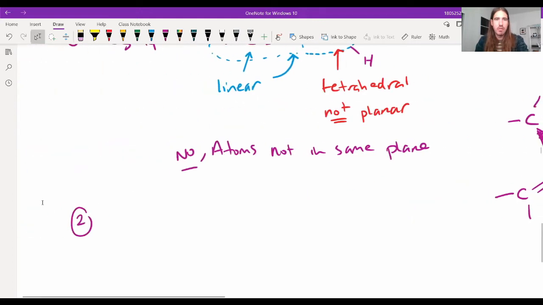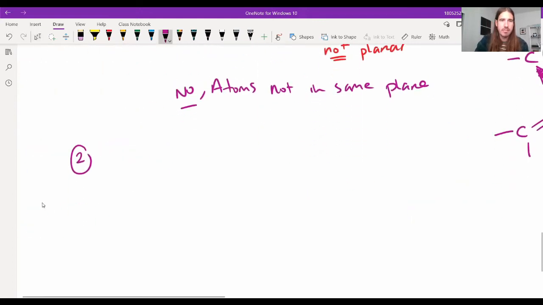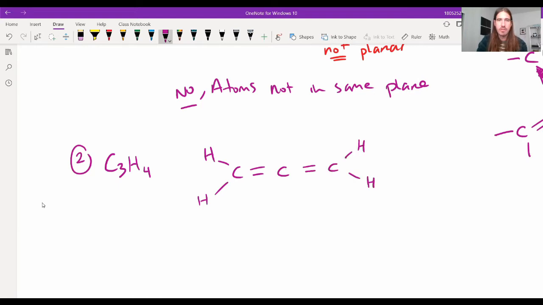Okay, so the other way of drawing it, and this is good practice also to try and draw these two different structures, is with two double bonds. So we have this molecule here, and this one is where it gets tricky, because if we go through the geometries, this is trigonal planar.